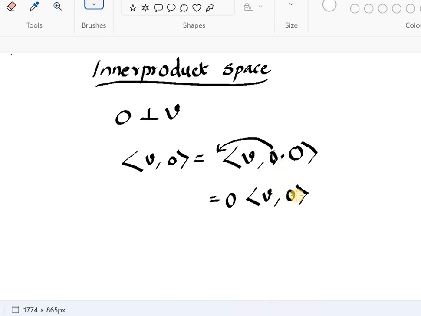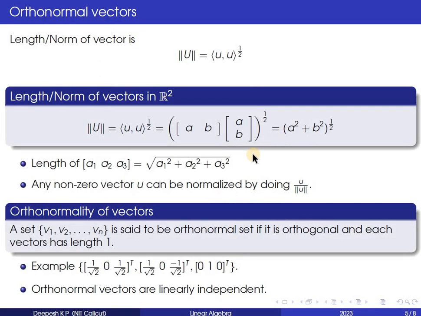This is the number 0, whereas this is the vector 0. So 0 into anything is equal to 0 because this is a scalar. So the 0 vector is orthogonal to any vector. But the 0 vector cannot be made into a unit vector because its length is equal to 0. So you cannot divide by 0. That's why.